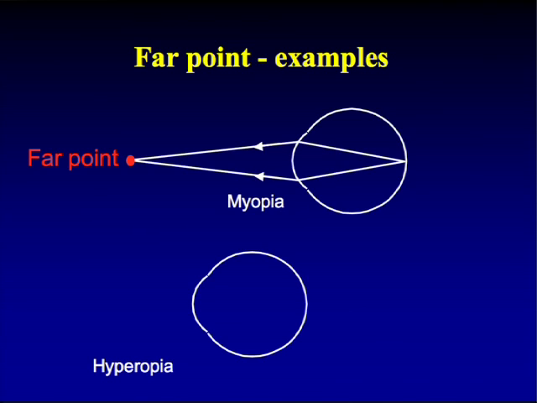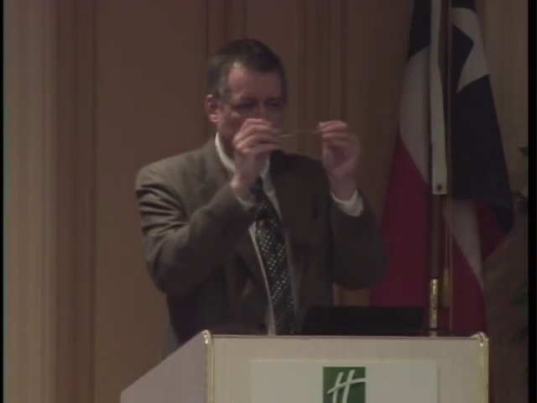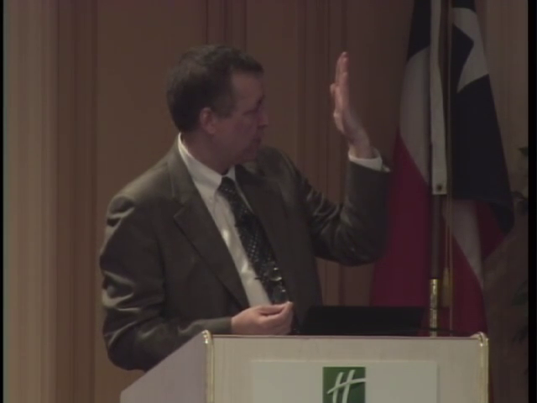And that's the farthest away that the eye can see clearly without accommodating. So at least in the case of the myope. So I'm a myope, so if I were to take my glasses off, relax accommodation, then the far point of my eye is where it first comes into focus, so it's going to be somewhere right here. And you can basically take the reciprocal of that to estimate my refractive error.